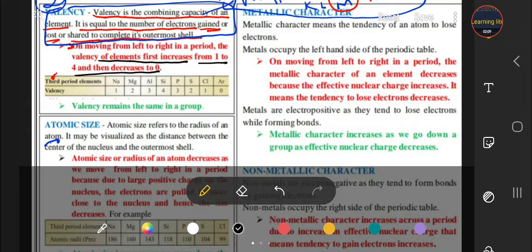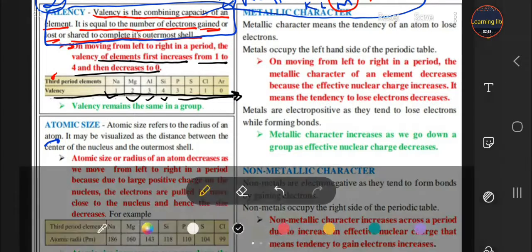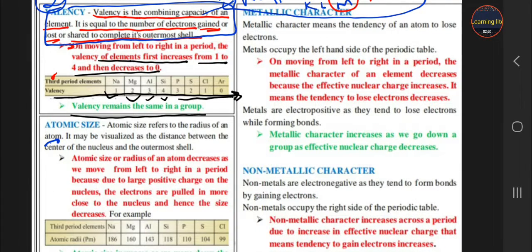As you observe, this is the third period, student. Valency of sodium 1, then 2, 3, 4 and then it reduces to 0. And valency remains the same in the group. So valency doesn't change in the group while moving from top to bottom, but moving from left to right, it first increases and then decreases to 0.